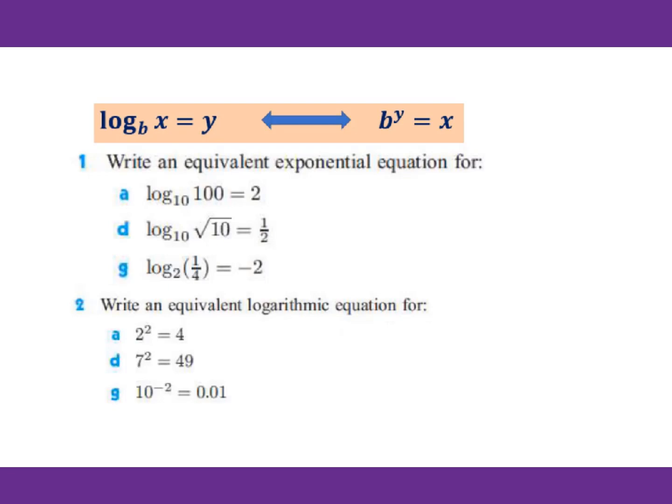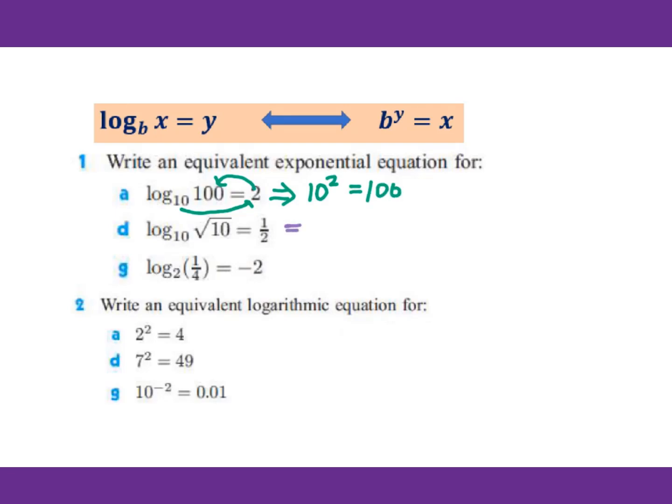Write an equivalent exponential equation for the given logarithm equation. For a, I will get 10 to the second power equals 100. The base won't change. Therefore, we get 10 squared equals 100.